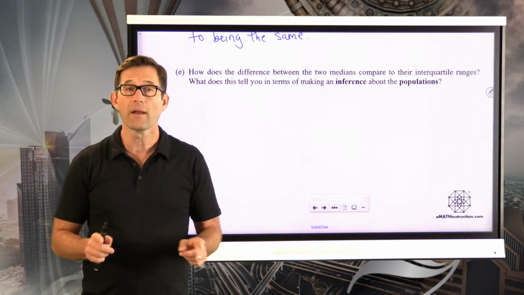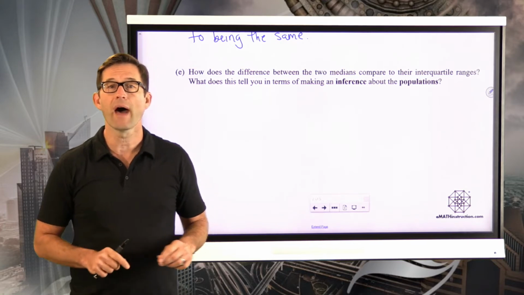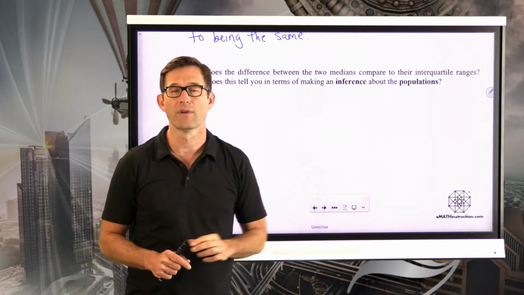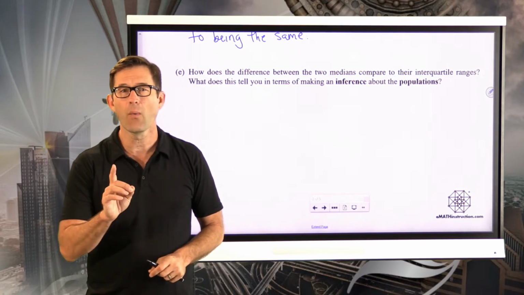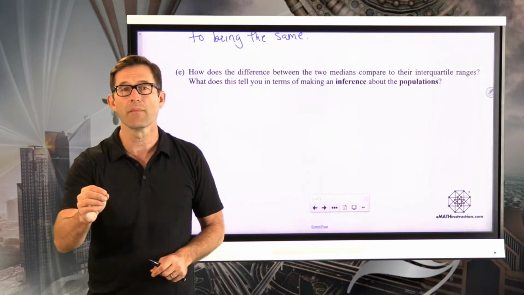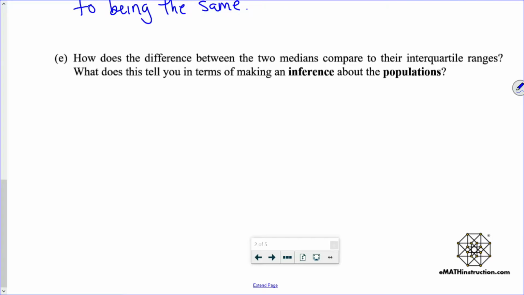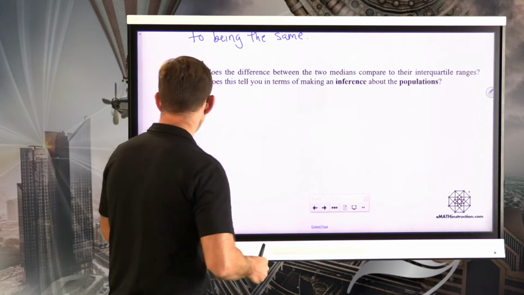Well, remember our last lesson on sampling two populations, we do that by comparing the difference of the two medians to the interquartile range. So I'd like you to take a look at that, all right, and think about whether or not you can really infer something about the populations based on these two samples. All right, well first, let's review what we found.